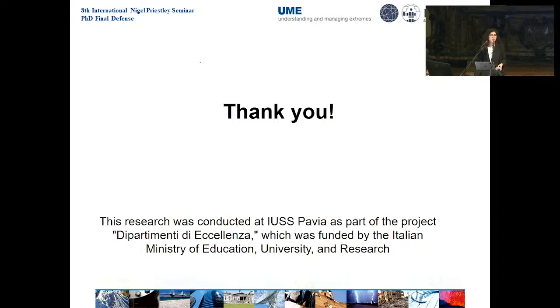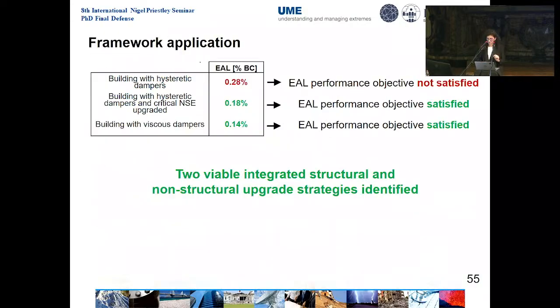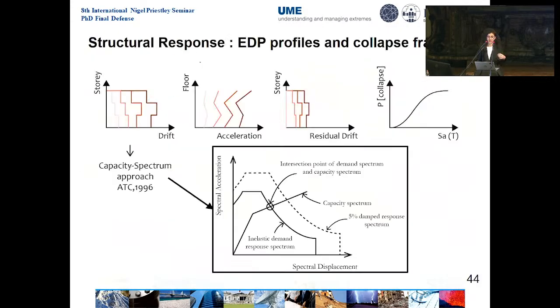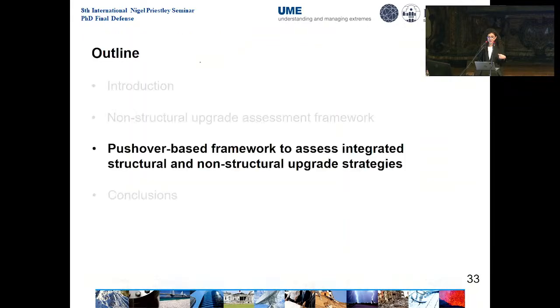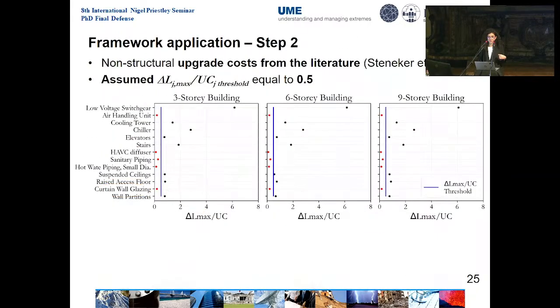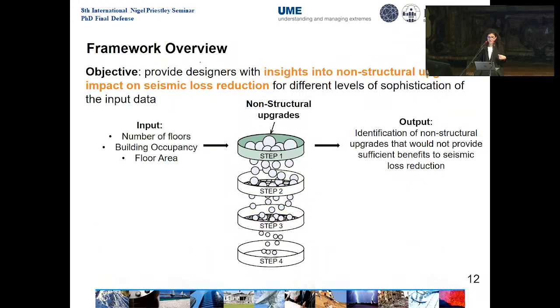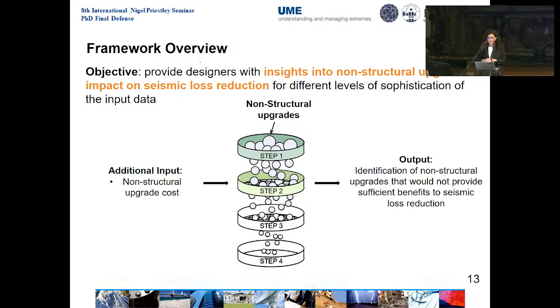Thank you for this question. So actually the framework can be applied to other buildings, it's not related to the building we are using. Basically, how the framework works, you have to input the different input data required for each step. The first inputs are very general, so they do not depend on your structures.